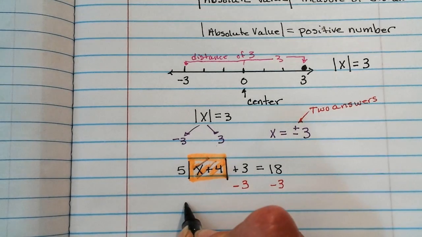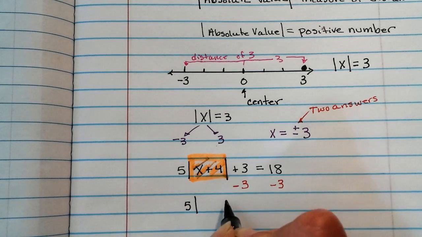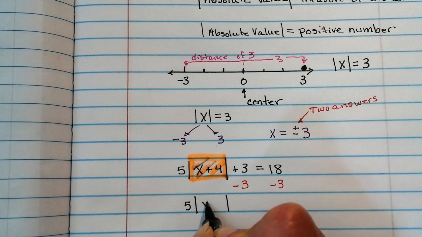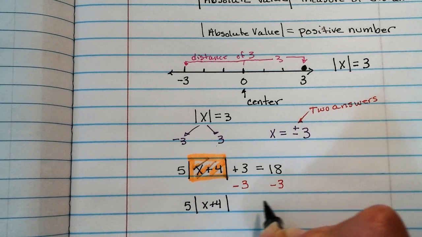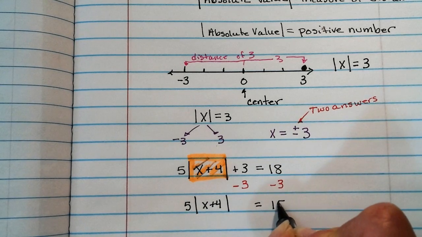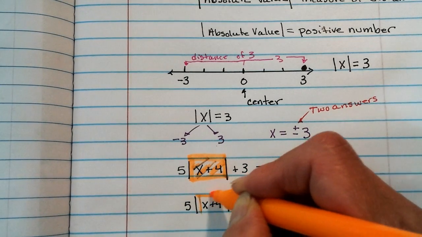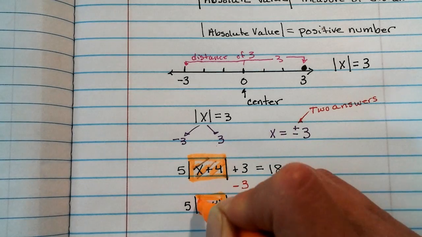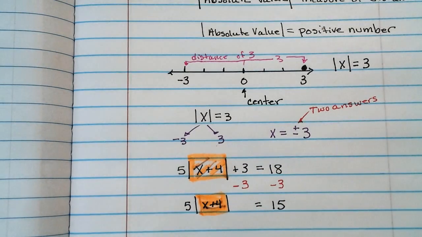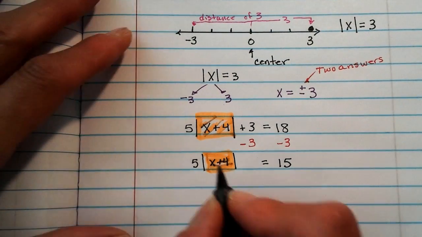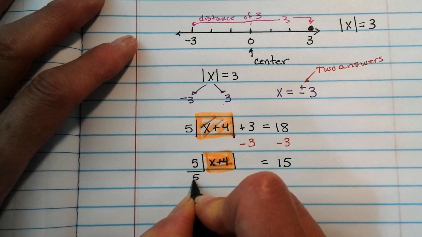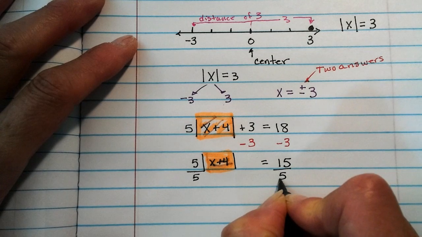So then that gives me 5 times the absolute value, I'm going to ignore what's inside, equals 15. Okay, so my absolute value, which is what I'm trying to get by itself, still has a times 5 going on to it, which means I'm going to divide each side by 5.